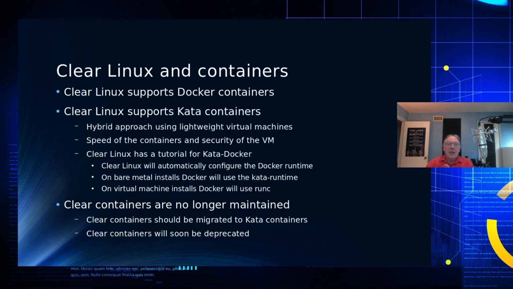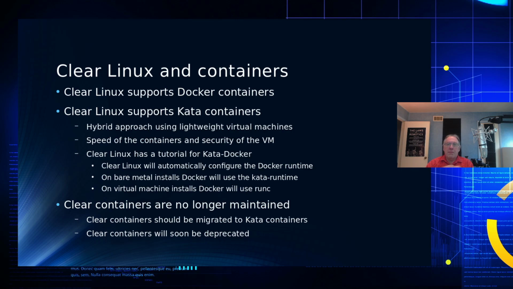As far as Clear Linux and containers, Clear Linux supports two. Actually, it's just one. Clear Linux supports Docker containers, purely under the runc environment, as well as using Kata containers. And Kata containers is sort of a hybrid.